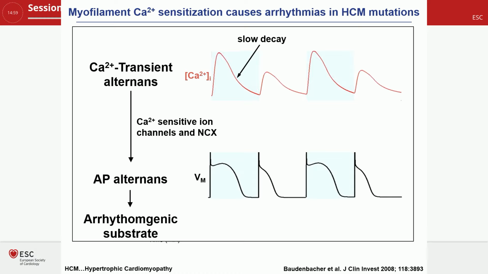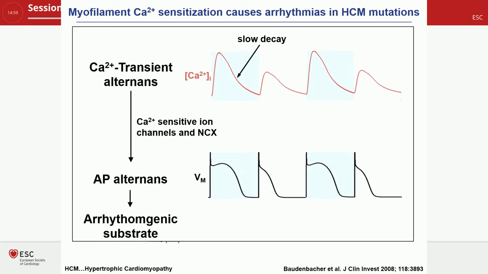So you get a so-called calcium alternans, and mediated via calcium-sensitive ion channels or transporters, you can get action potential alternans, with long and short action potentials. This contributes to tissue heterogeneity, to the maintenance of arrhythmias, and to the occurrence of reentry.